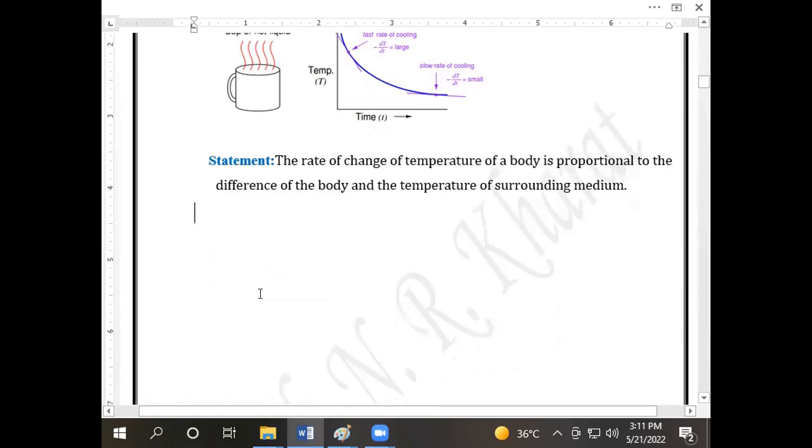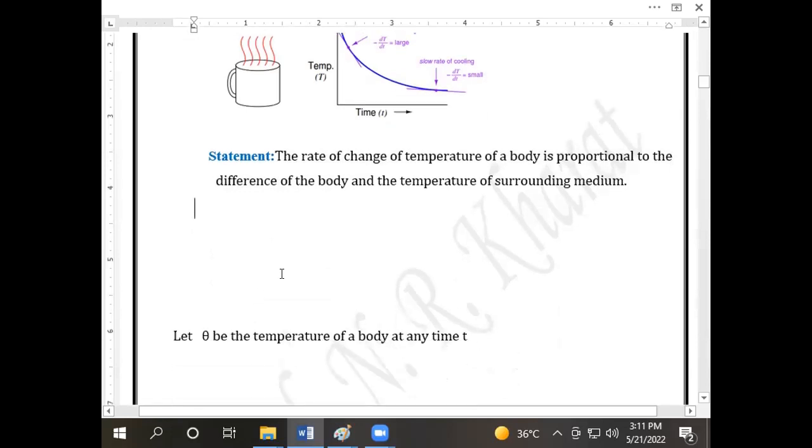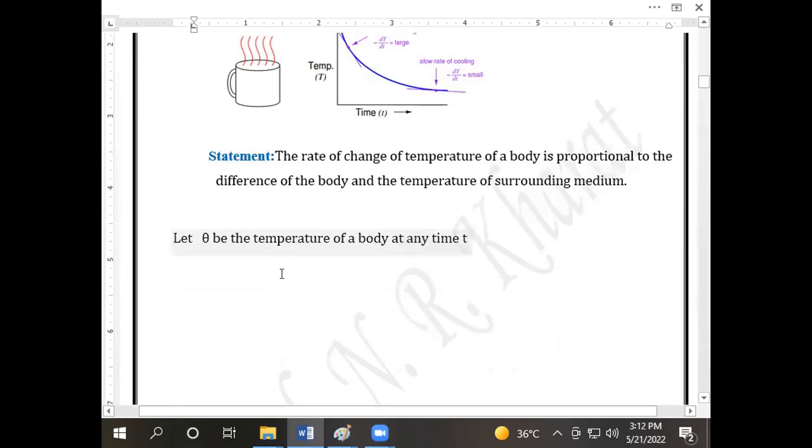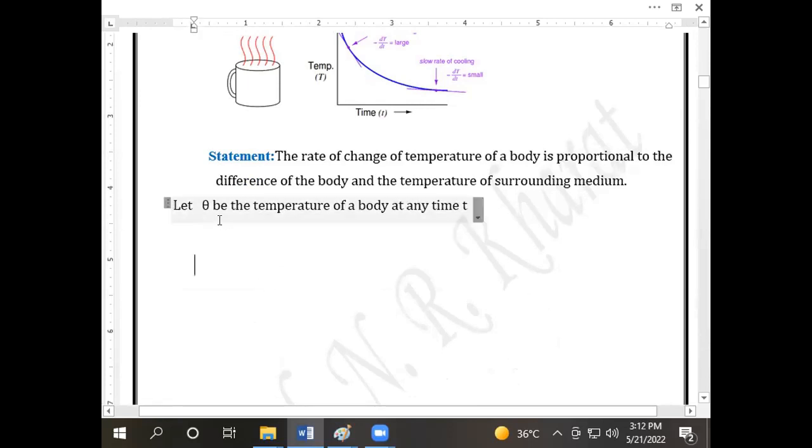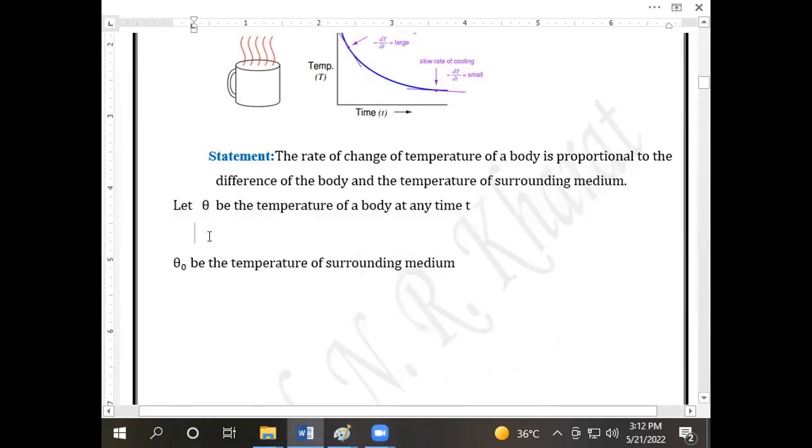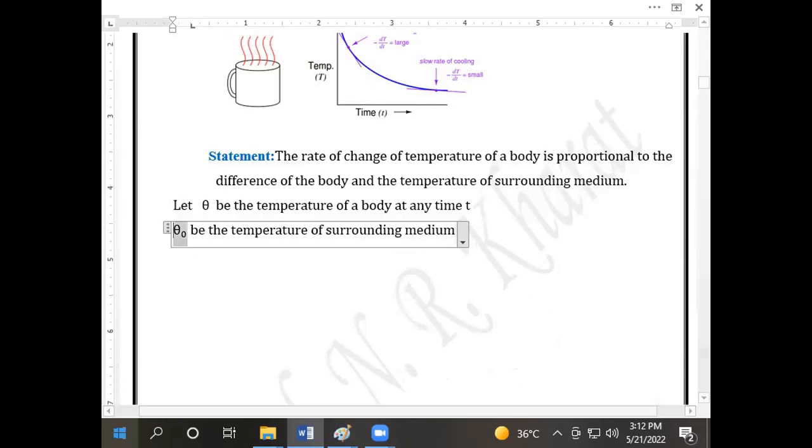This statement can be expressed in the form of a differential equation. Suppose the temperature of the body at any time t is theta, and the temperature of the surroundings in which we are keeping the body is theta naught.